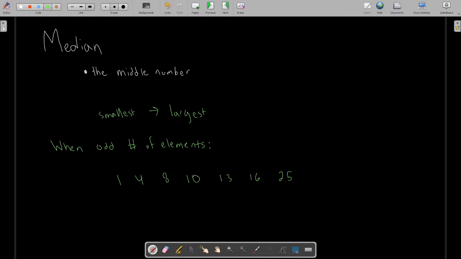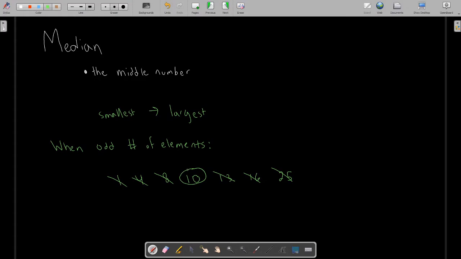To find the median, on each side we will cross out the smallest value and the largest value to keep it balanced. Then we'll cross out the next smallest and the next largest, and the next smallest and the next largest, until we have just one number left. In this case, we can see that the median is 10.